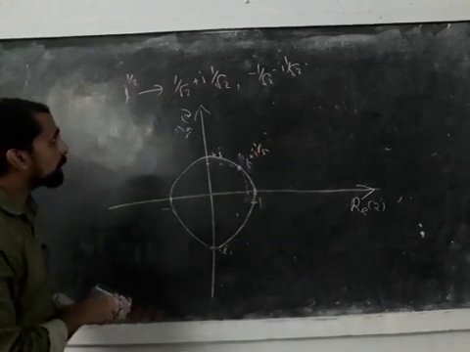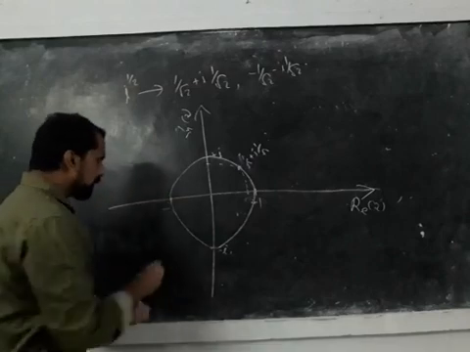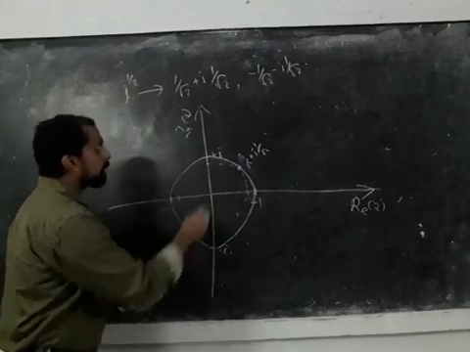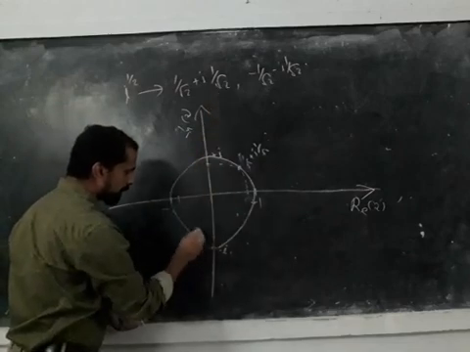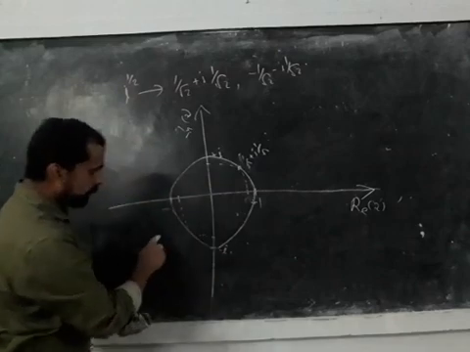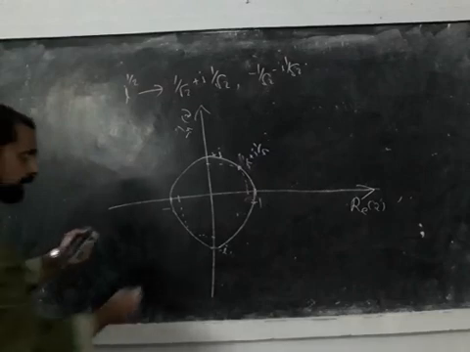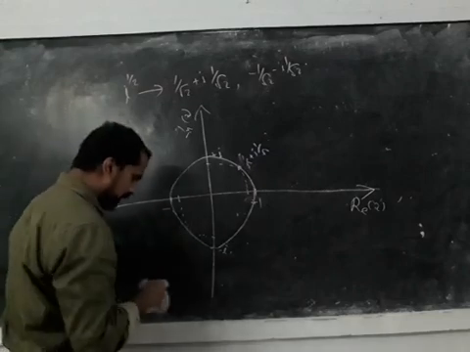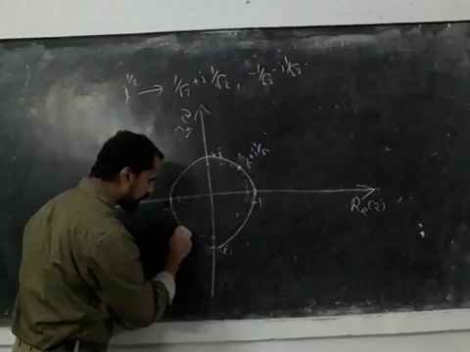And the second point is minus 1 by root 2, it will be somewhere here, and minus i 1 by root 2, so it will be somewhere else. Join it. Because my circles are not perfect, I am not getting it properly. If it is okay, you will get exactly the common point somewhere here. So let me redraw it.